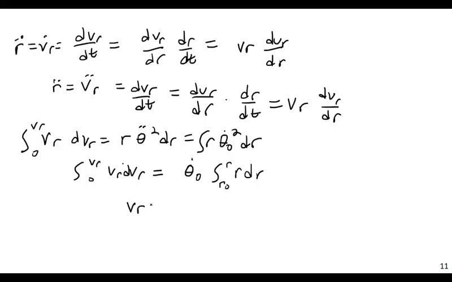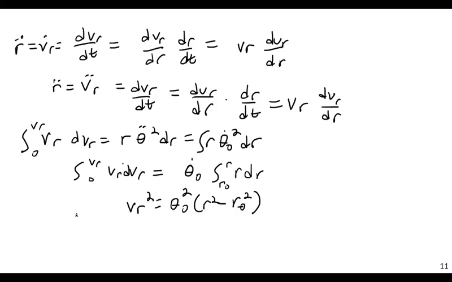And so vr squared is going to be equal to theta naught dot squared, which I can pull out because it's constant, times r squared minus r naught squared.